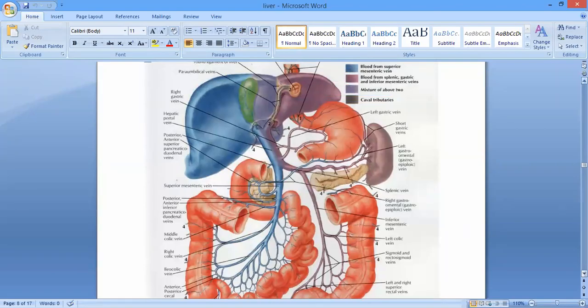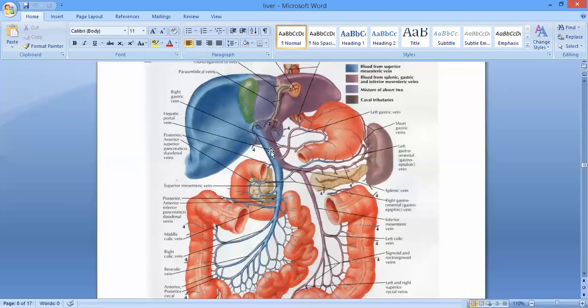Very good. So portal vein, basically I told you that it's the vein which is carrying the blood which is rich in the nutrients and the absorbed material, right? And that blood will enter into the liver, of course, for the absorption and for the process.